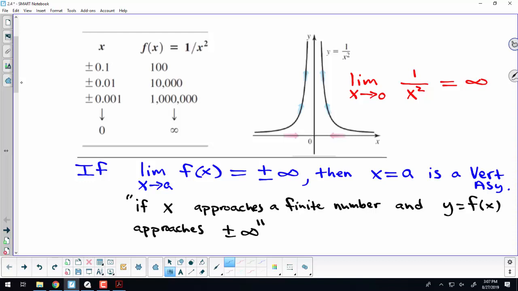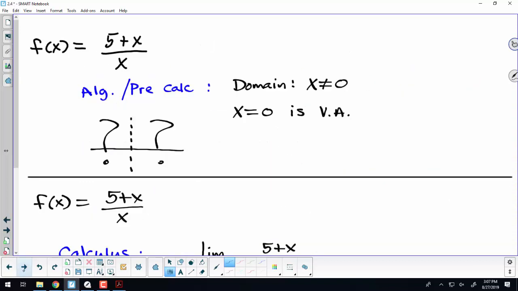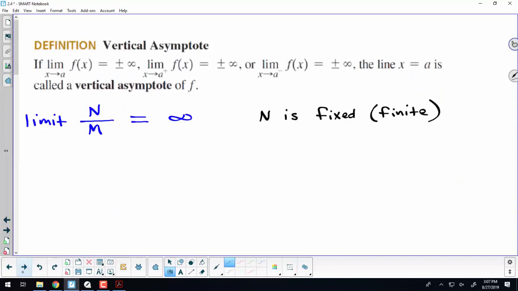Therefore, 1 over x or 1 over x squared or whatever, the quotient gets larger and larger. So that's kind of what I was after. If n is fixed and finite, then capital M is approaching 0.